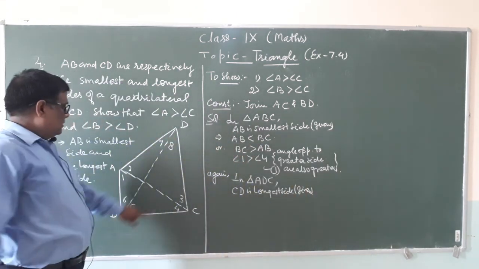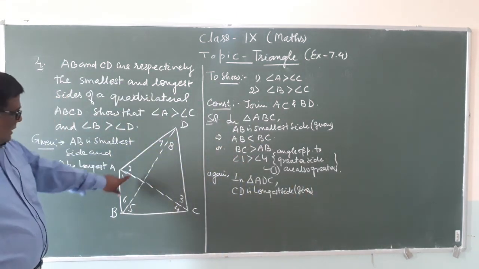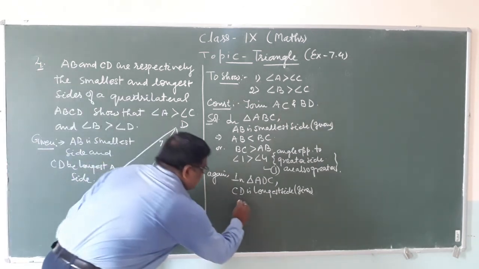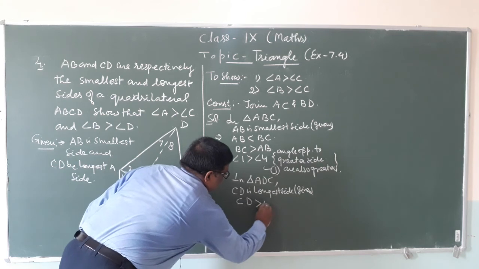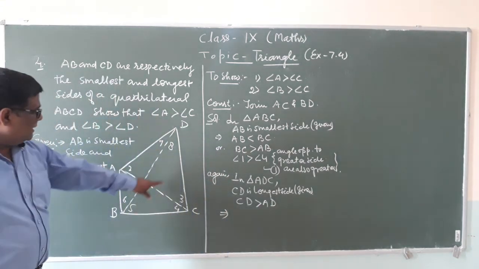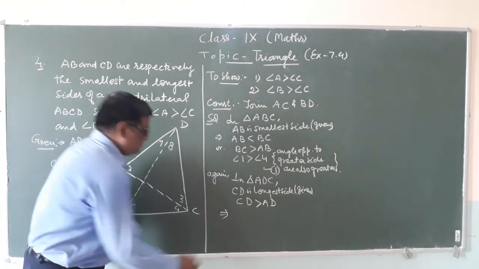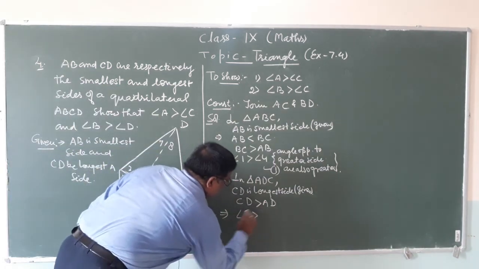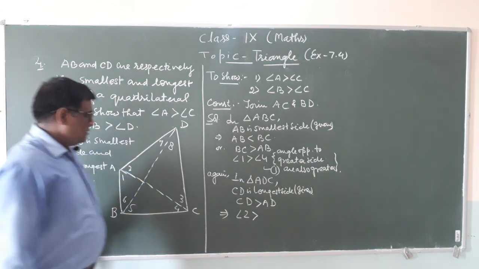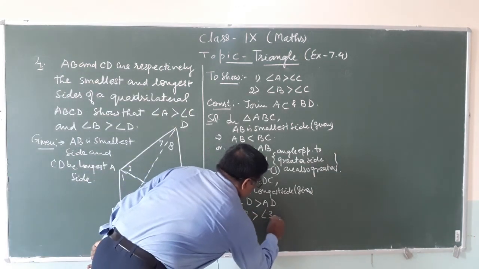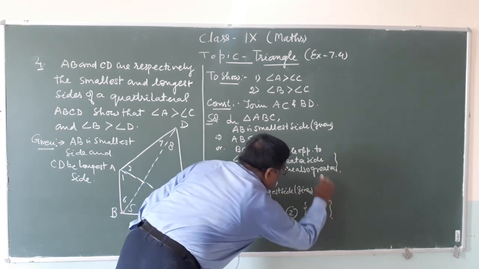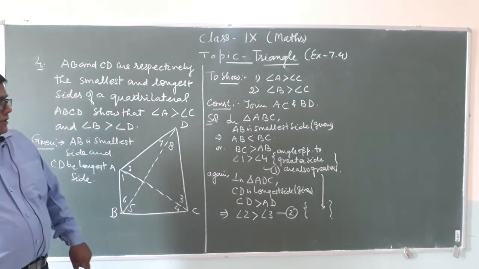So CD, the opposite angle is 2, and AD, the opposite angle is 3. So CD is greater than AD, and this implies that the opposite angle of CD, angle 2, is also greater than the opposite angle of AD, angle 3. This one is equation 2, and our reason is the previous reason.